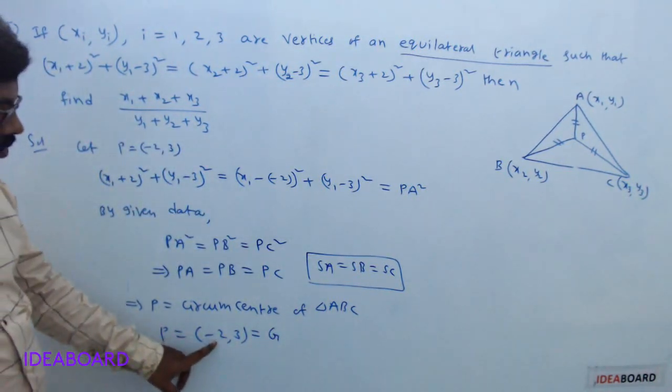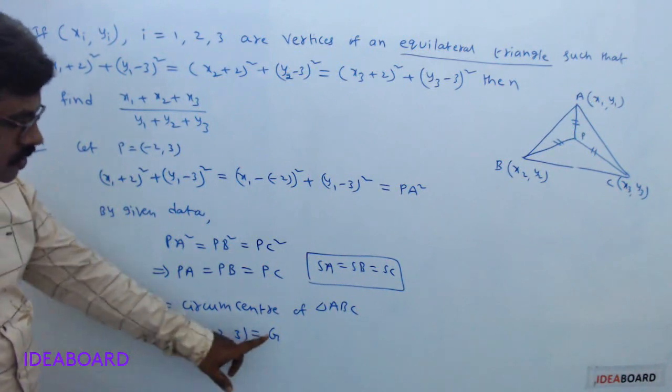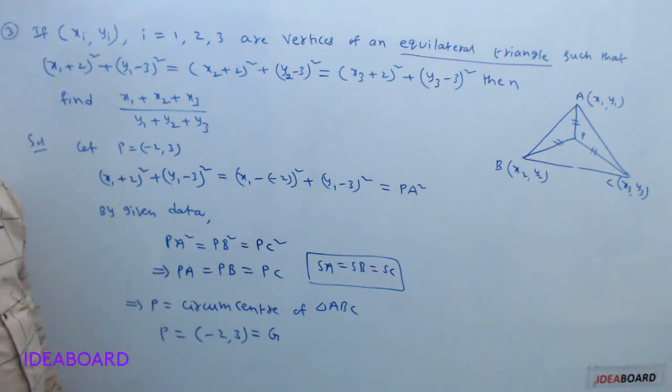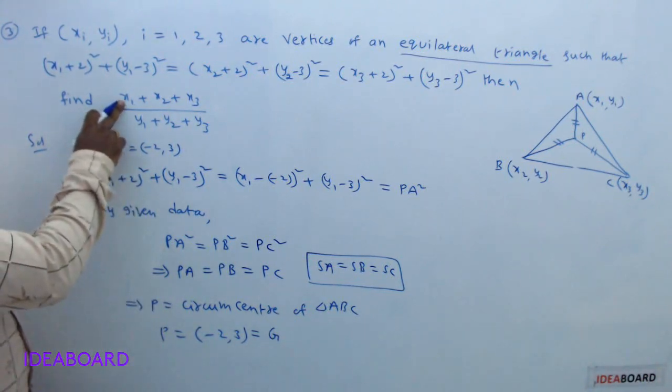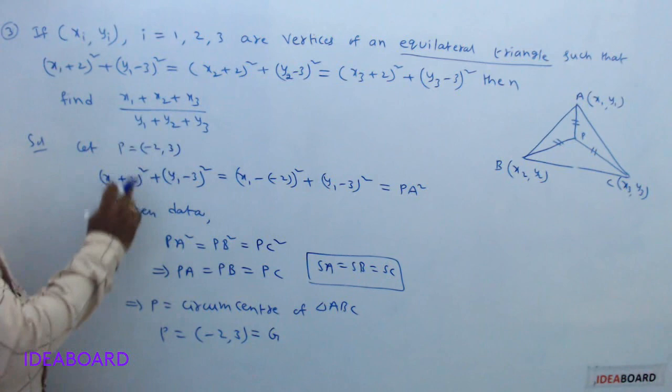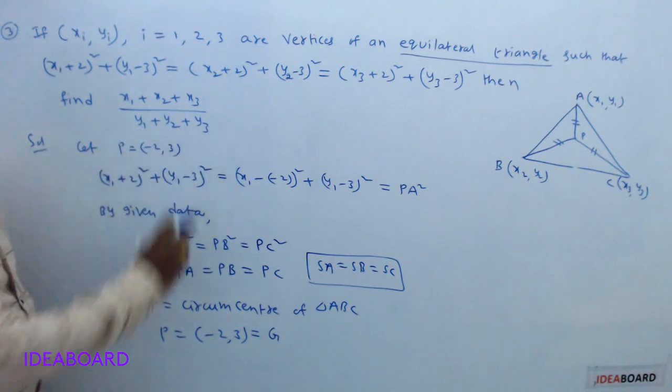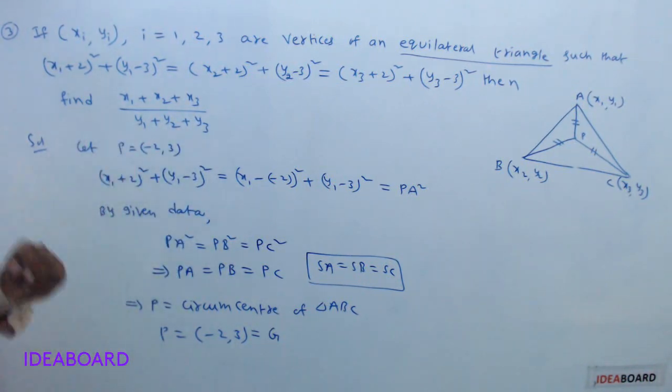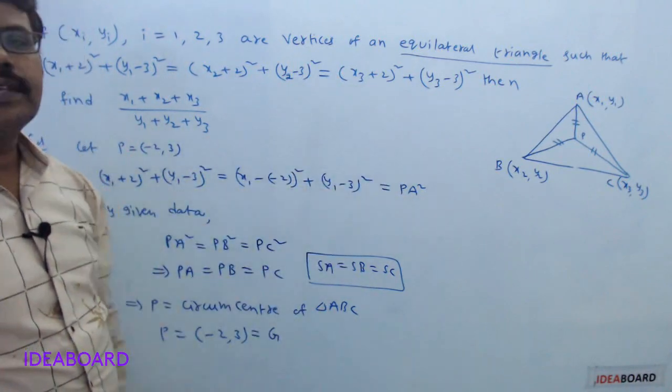So the circumcenter, minus 2, 3, is the same as the centroid of triangle ABC. Finally, we need the value of x1 plus x2 plus x3 divided by y1 plus y2 plus y3. Calculate the centroid of triangle ABC.